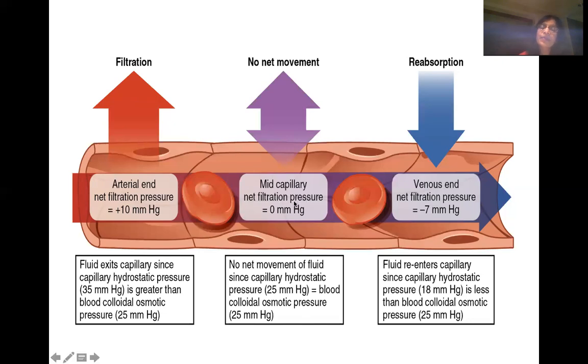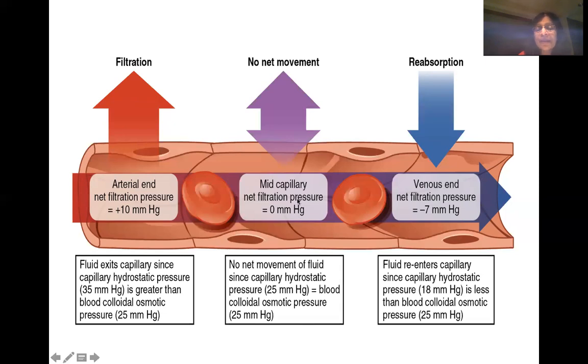Somewhere around midway is where the blood pressure in the capillary would be 25 millimeter mercury, and the osmotic pressure doesn't change much. So let's assume that it's still 25 millimeter mercury.